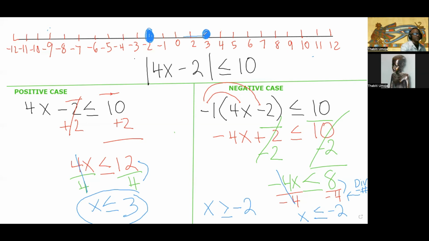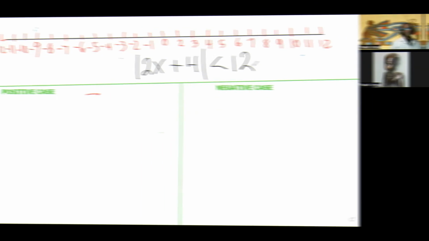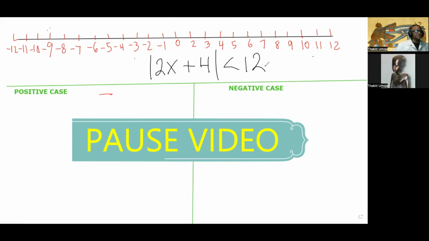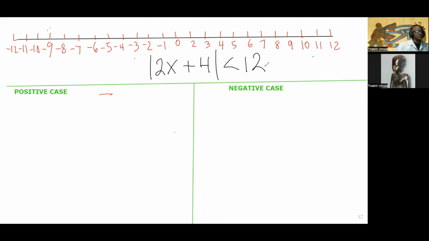And so this is the way we're going to have it. Just like that. All right, I want you to go ahead and pause the video, and I want you guys to go ahead and work this one out right here. I want you to solve it and graph it just the way I did the last one.